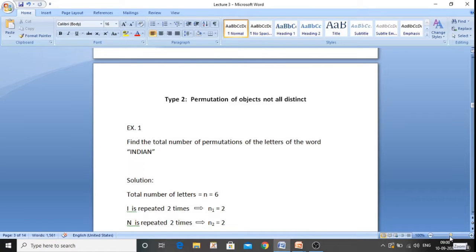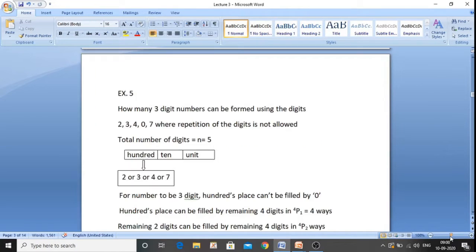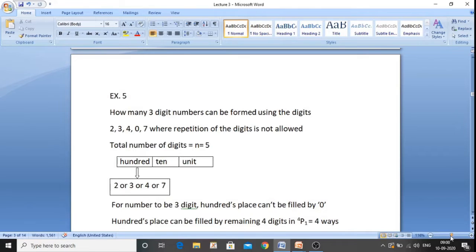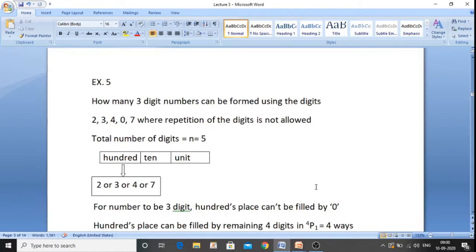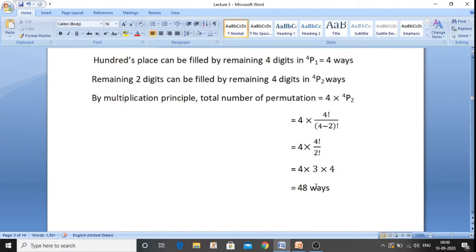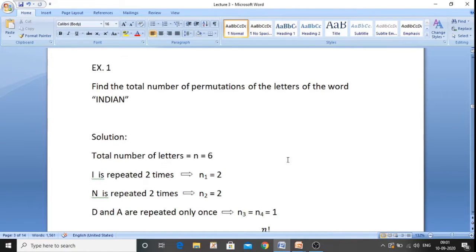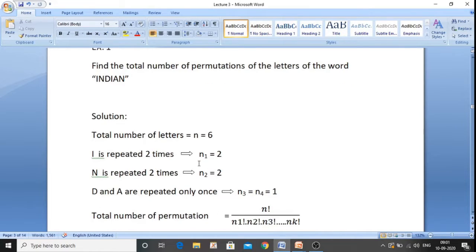Now here in this word Indian, the total number of letters is n, that is equal to 6. Now here in Indian, I is repeated how many times? 1, 2.